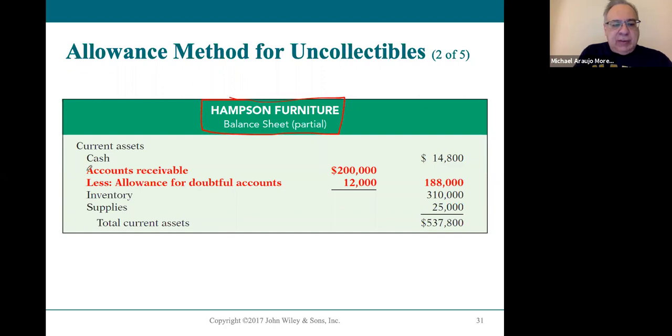They'll list that they have $200,000 of receivables on their books. They'll also list that they have an allowance of $12,000, which means the net realizable value, the actual value they are putting on their receivables, is $188,000, which is very reasonable here.